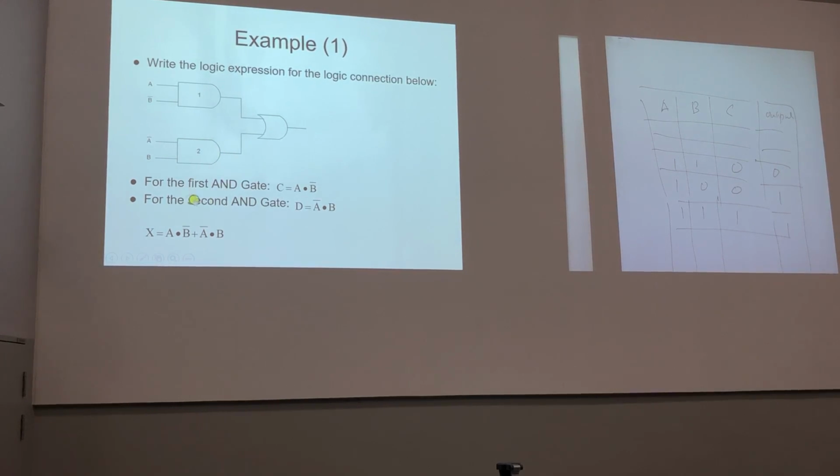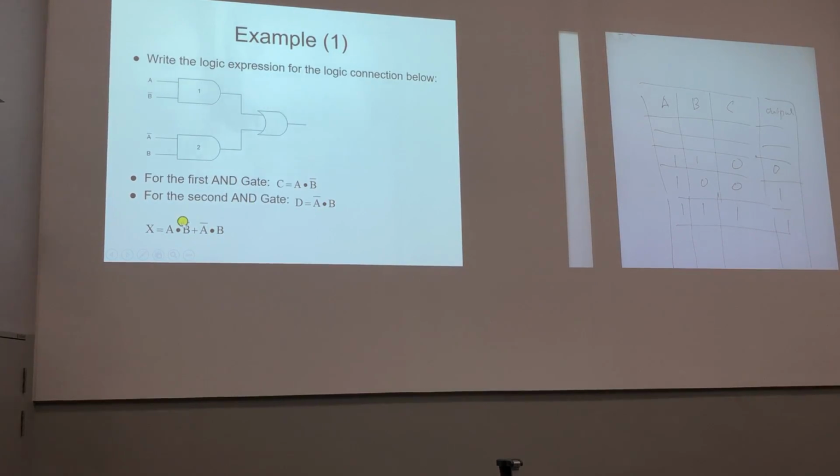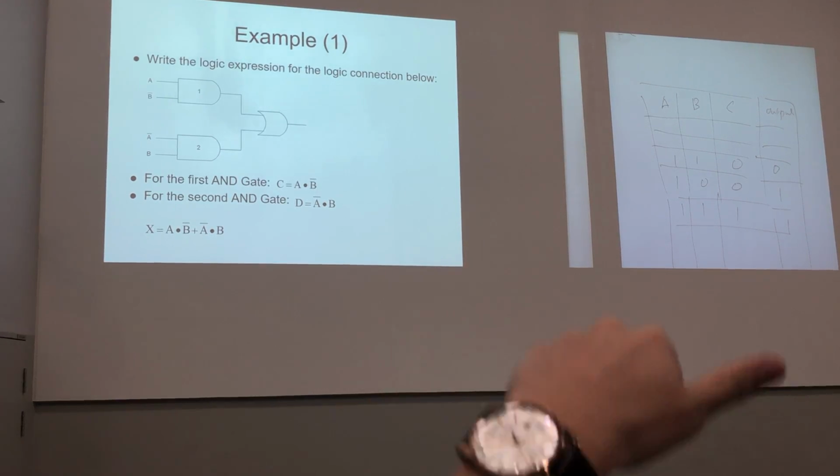The second gate here is actually also an AND gate. What I have is A bar multiplied by B. So if I got a final output here as X, I should add these 2 because this is actually an OR gate. This is how I get the last one, A dot B bar plus A bar dot B. And we treat it with a plus because this is an OR gate.